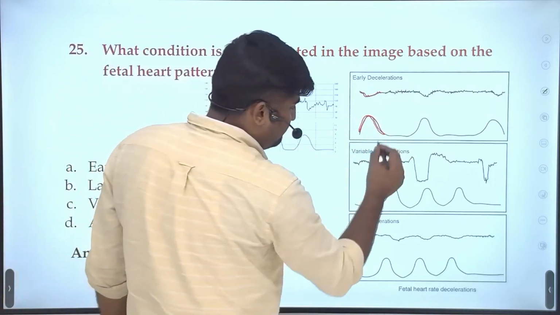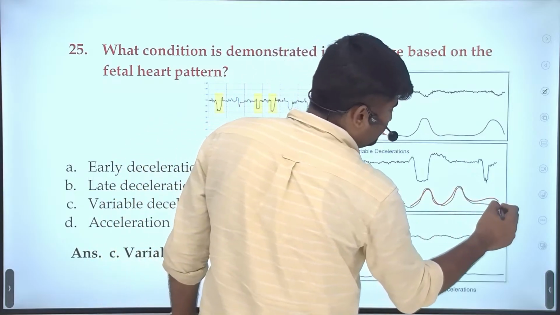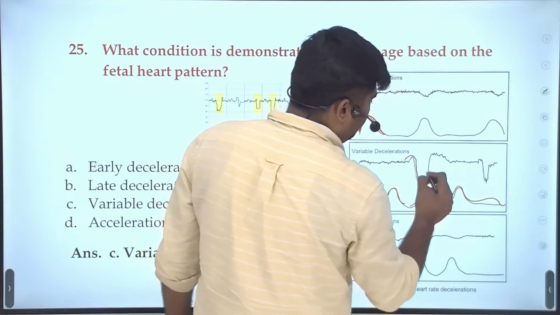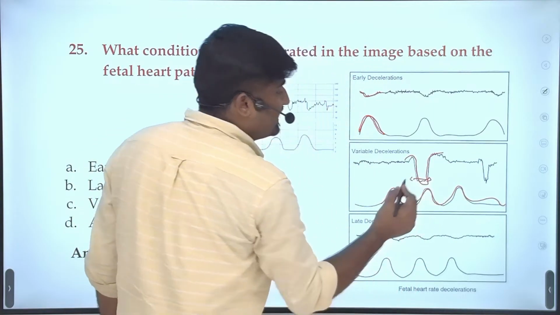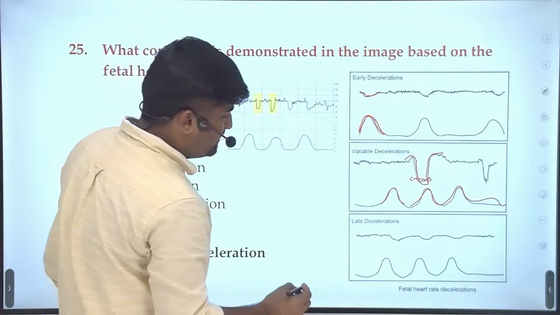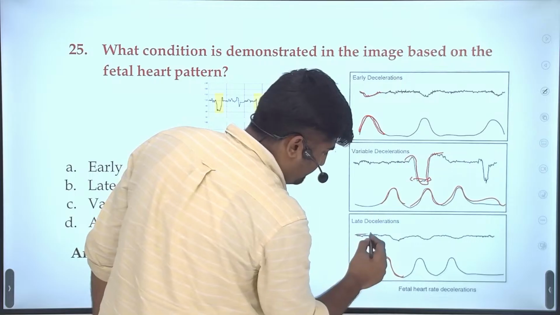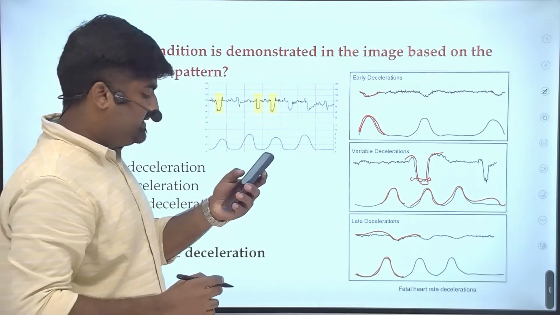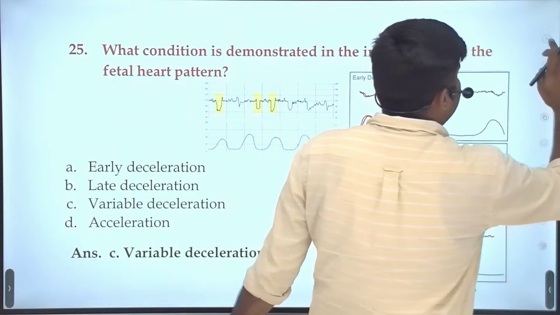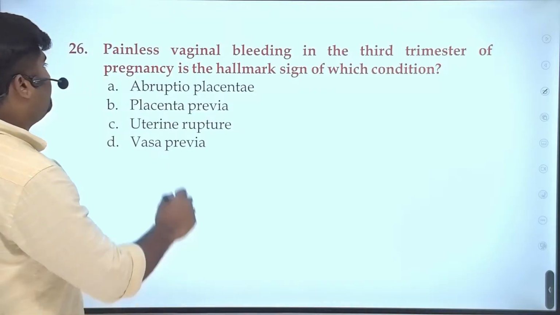In variable deceleration, there won't be any pattern; uterine contractions will be constant, but there is a sudden drop in fetal heart rate, and it persists longer. Late deceleration: when there is an increased uterine contraction, there will be a decreased fetal heart rate. Feto-placental insufficiency, that is fetal hypoxia, we can say.